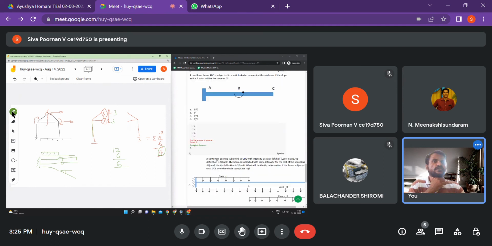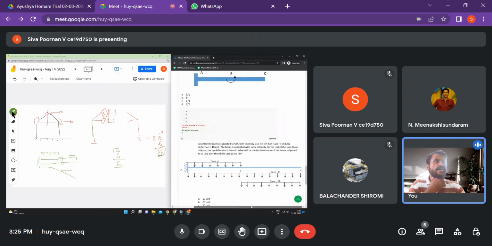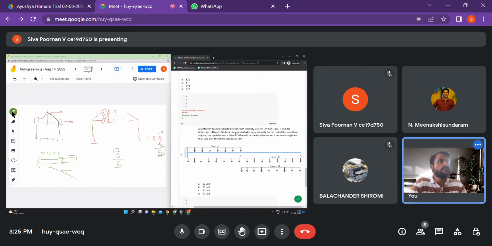Then we have another problem. Let's say we have a cantilever beam subjected to a UDL with intensity W on its left half, which is shown as case 1 here, and the tip deflection is 10 units. Tip deflection means deflection at C, right?